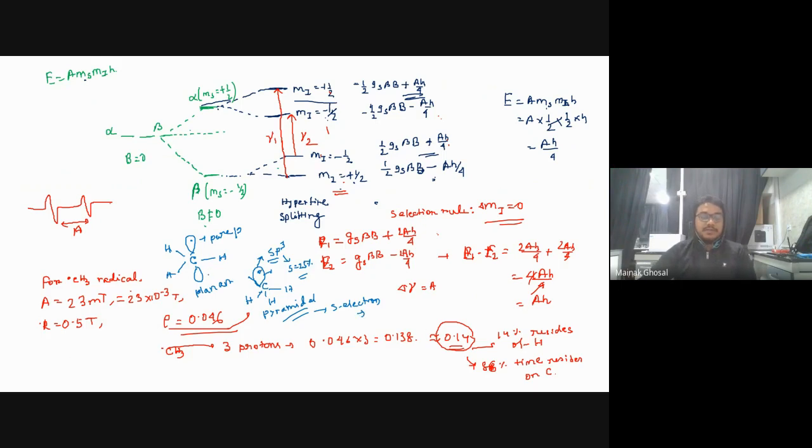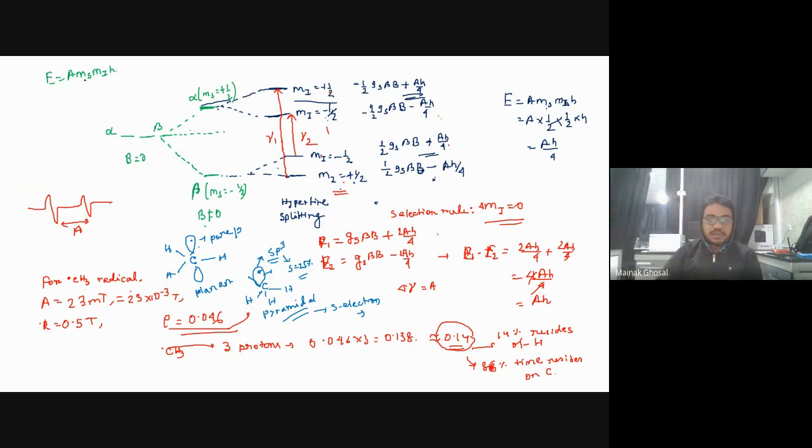But if there is no splitting or very little splitting, you can say that the s electron is not involved and this is purely p character. The unpaired electron is residing in an orbital with very little s character, meaning more p character.